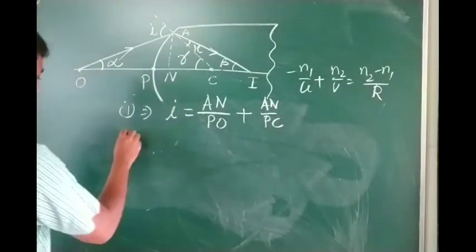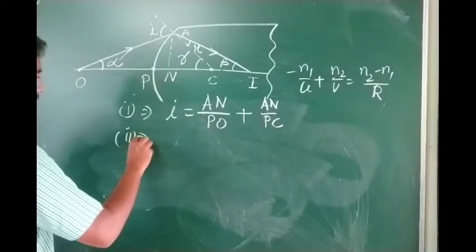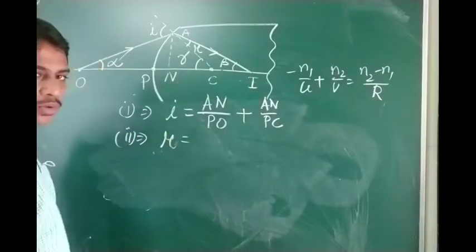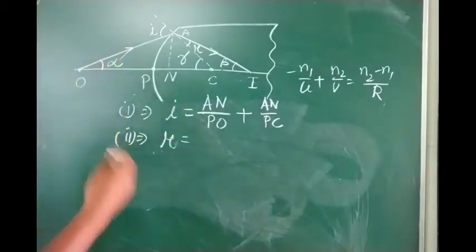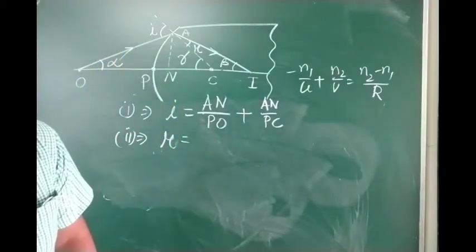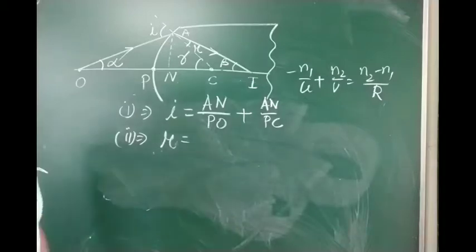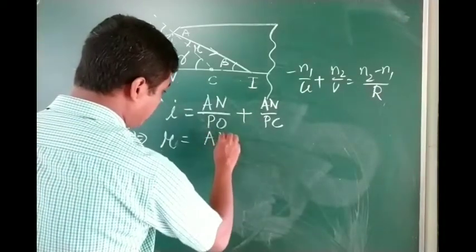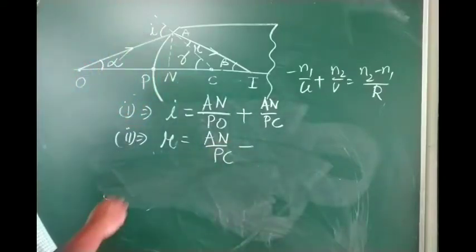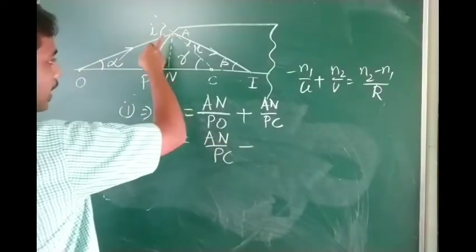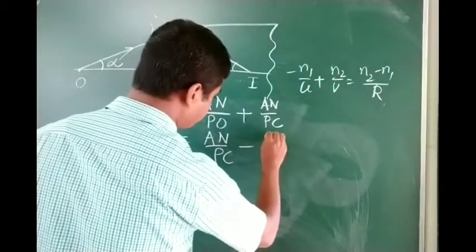Similarly, in equation number 2, we have R is equal to gamma minus beta. Yes, it is gamma minus beta. So it will be AN by PC minus AN by PI.